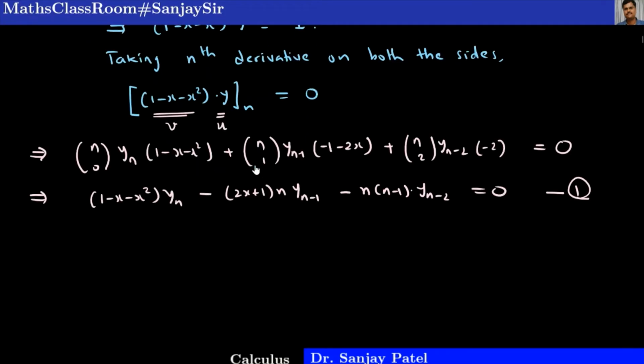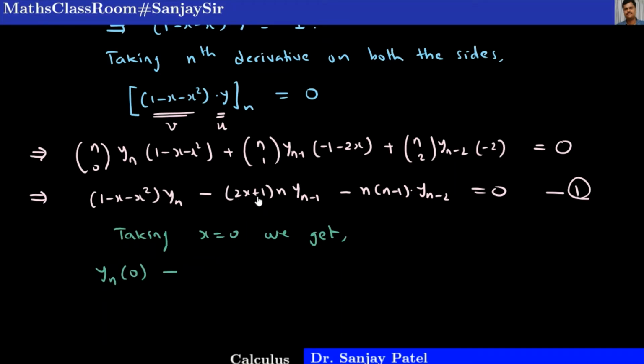So what I can write is this, taking x equal to 0 in this formula, we get 1 minus 0 minus 0, so 1 into yn of 0 minus 2x plus 1.